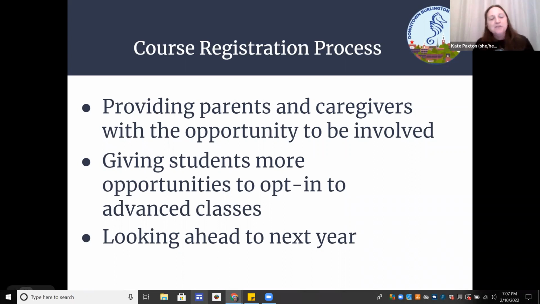Okay, and so the course registration process. Many of you hopefully have received the information that we are in the midst of students requesting courses for next year, students who are not seniors who will be coming back next year. And this is my first time around with this process in a high school.